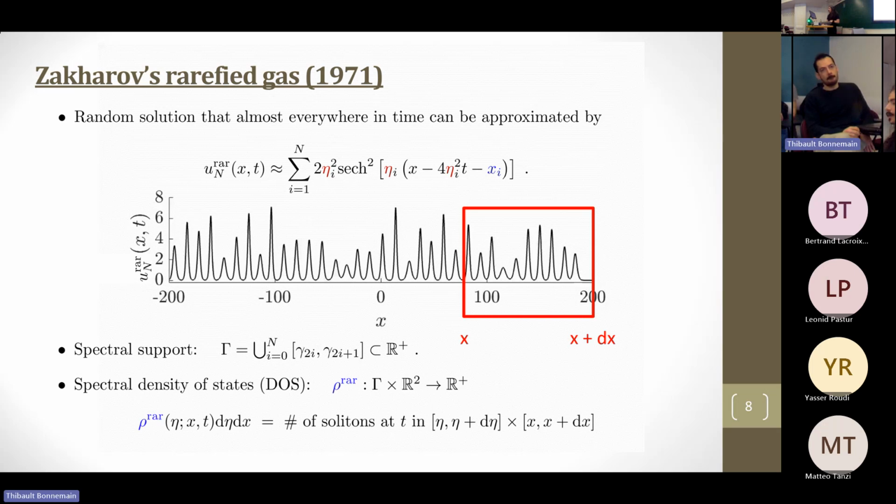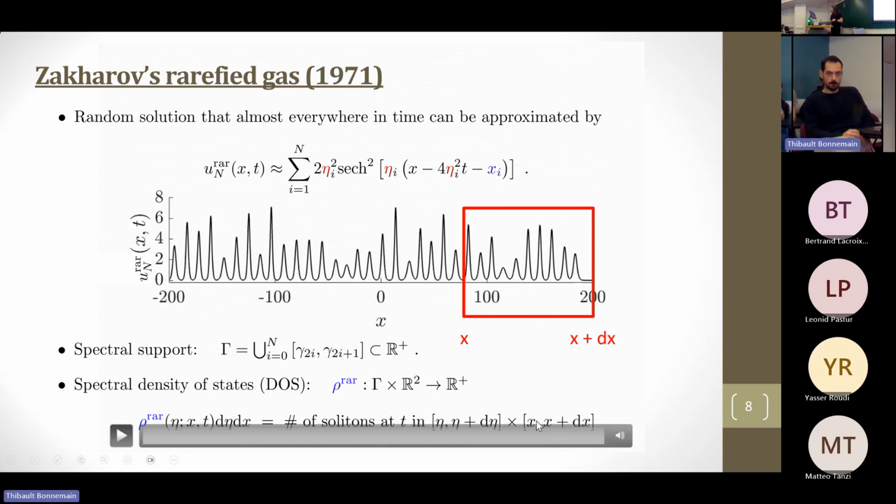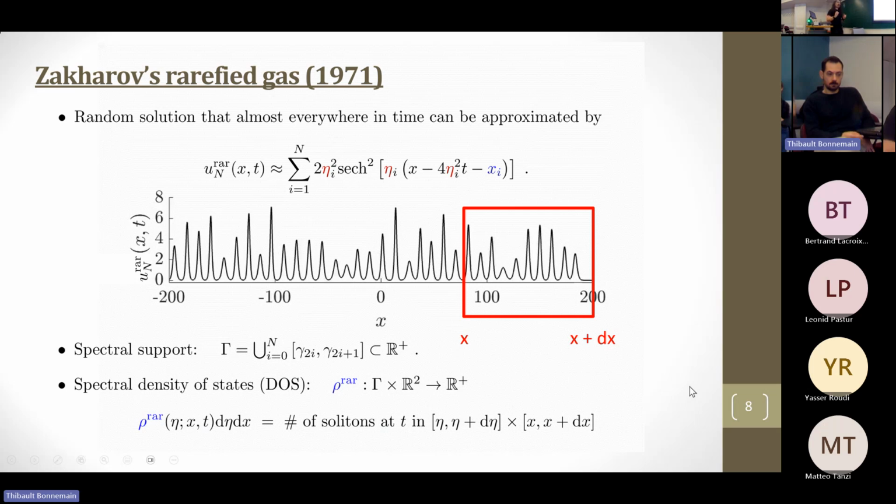With that, I can also introduce my spectral density of states, and this gives me a way to count solitons at time t in the vicinity of x with spectral parameters that are in the vicinity of eta. Okay.